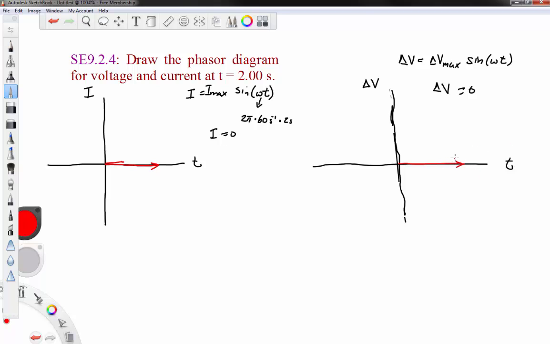You'd need to set up maybe a scale if you wanted to. So my scale basically says that this distance right here is equal to V max. So from here to here, that would represent V max, and then over here, that would represent I max, both of which we've determined previously.